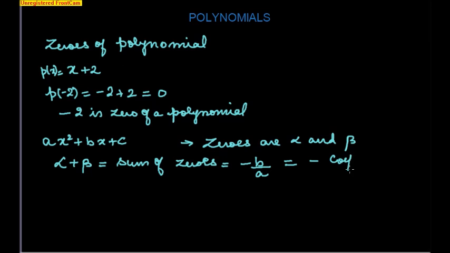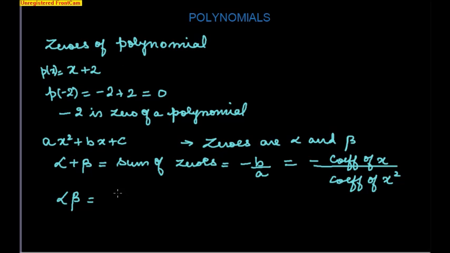Minus the coefficient of x upon the coefficient of x square. What is the coefficient of x here? B, and the coefficient of x square is a. The coefficient, when I say, is apart from x, for that particular term, whatever the number is, that is the coefficient.